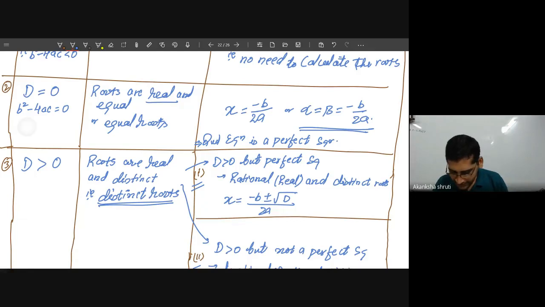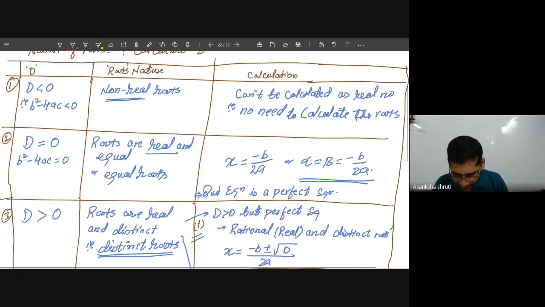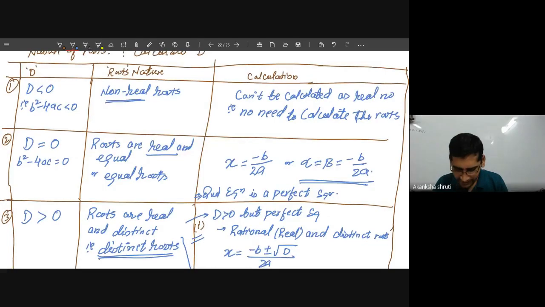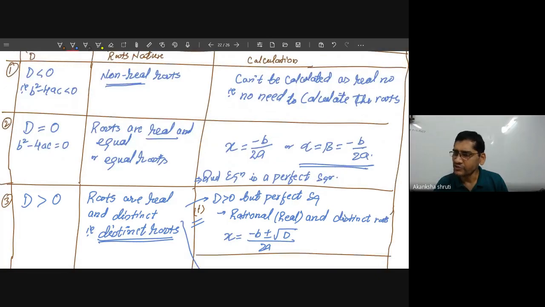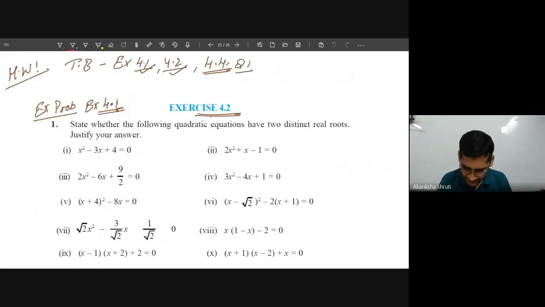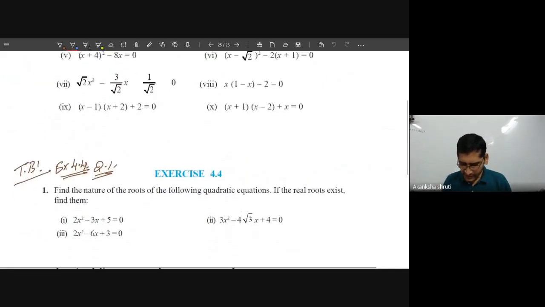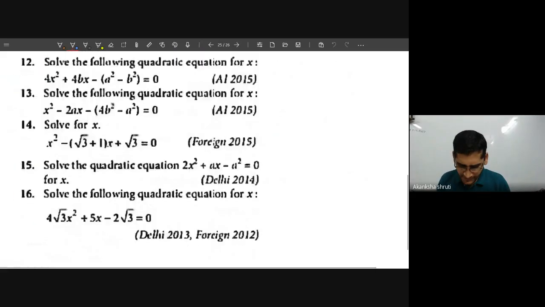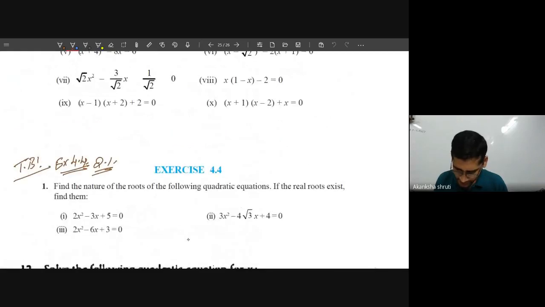So now, student, in today's class, we will learn if these conditions are given, means it is given that their roots are equal, then how to apply it, how to calculate the unknowns. So that we are going to learn. So student, let us go ahead. So student, please do this question. So starting with this one, question number 1.